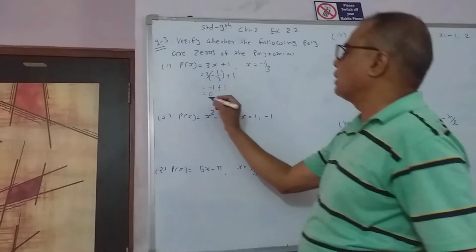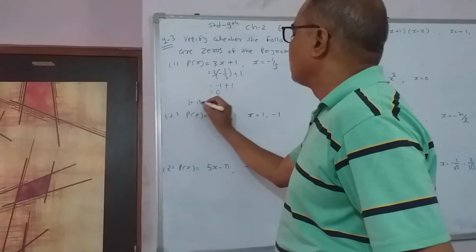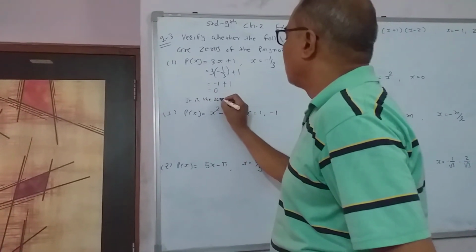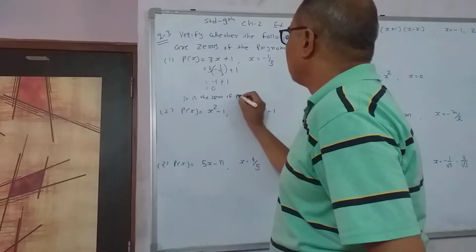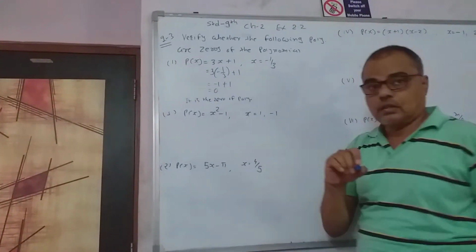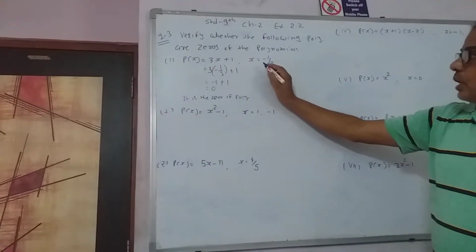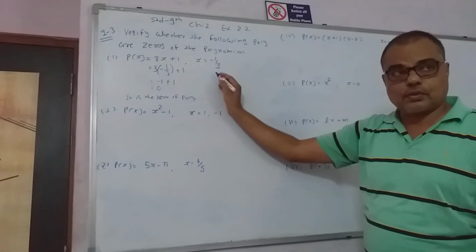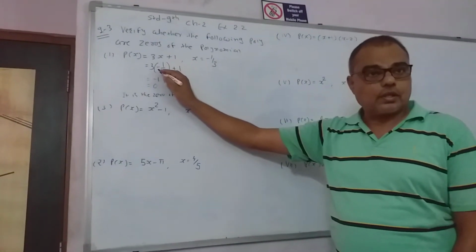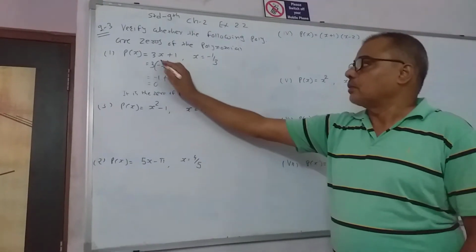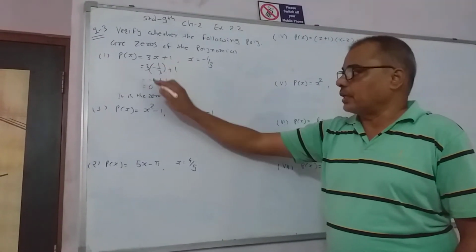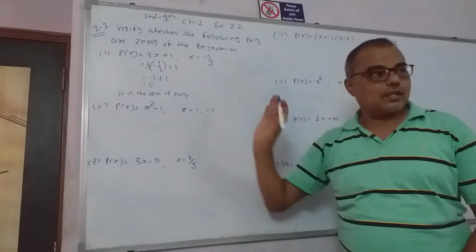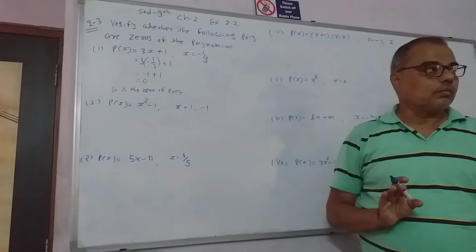So you have to write here, it is the zero of the polynomial, right? Once again, understand here, x is equal to minus 1 upon 3, you have to put in the polynomial bracket. 3 cancel, minus 1 plus 1 is 0, answer is 0, means it is the zero of the polynomial.